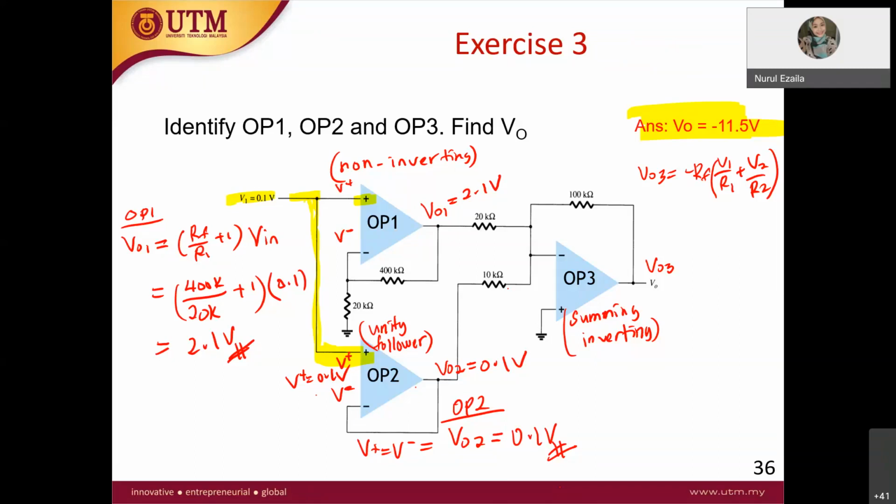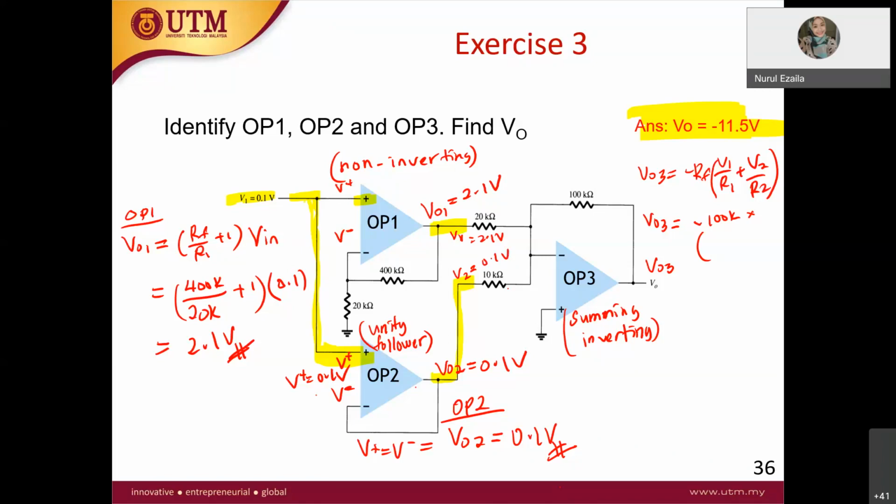In this case, V out 3, your RF is how much? 100K. Times V1, which in this case is V out 1, equal to 2.1 volt. V2 in this case is V out 2, the same node, which is 0.1 volt.